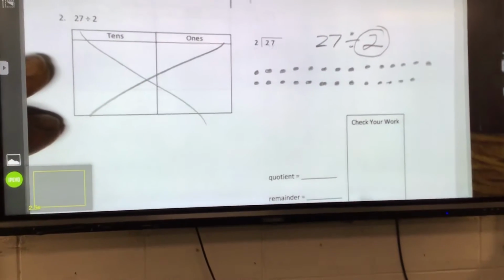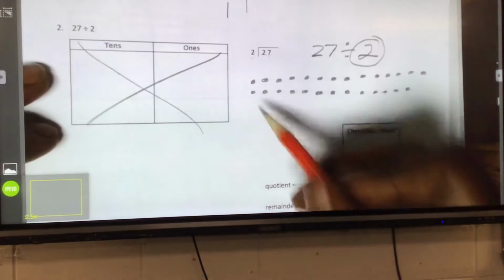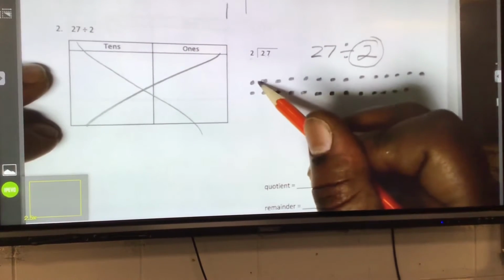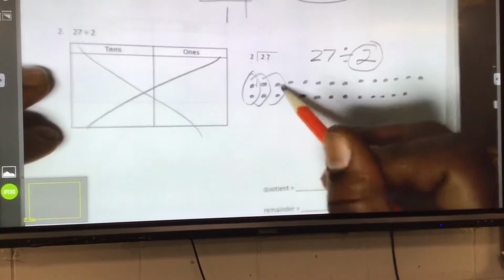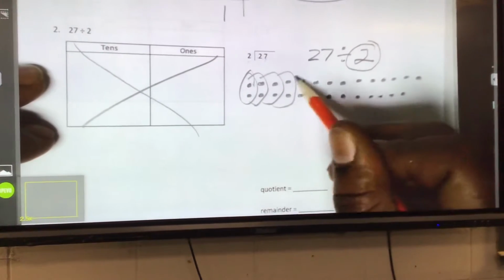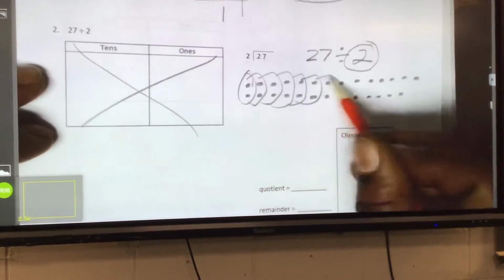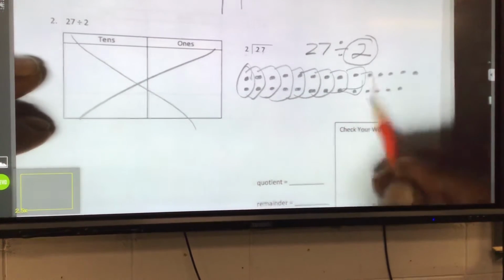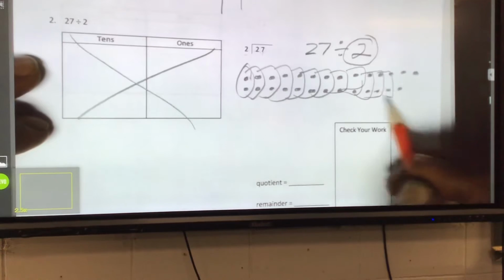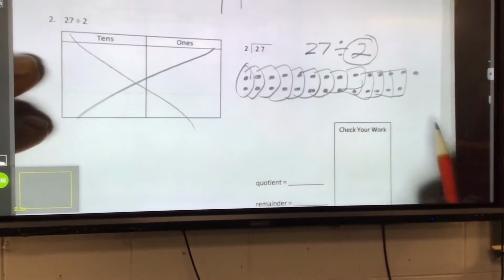So those are the 27 discs. I'm going to circle 2 at a time. So that's 2, 4, 6, 8, 10, 12, 14, 16, 18, 20, 22, 24, and 26.